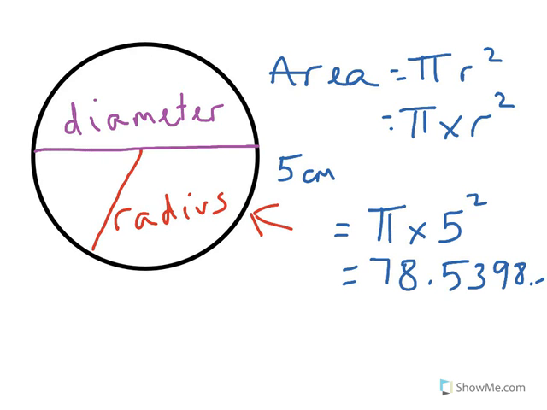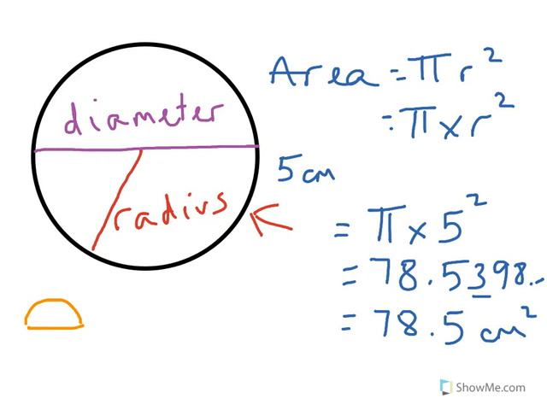That would be the full answer. And the question might ask you to put it to 3 significant figures, for instance. So that would be 78.5, as this 3 does not push up to 5. So 78.5 centimetres squared.